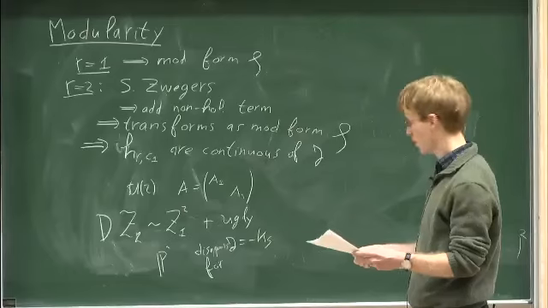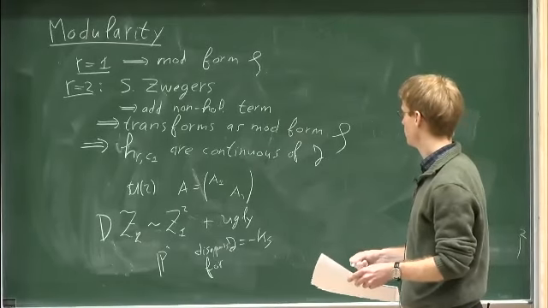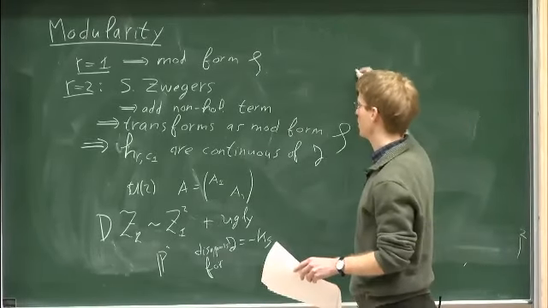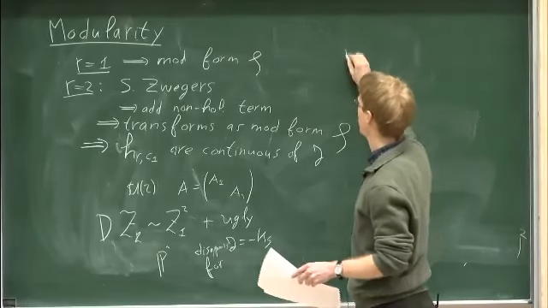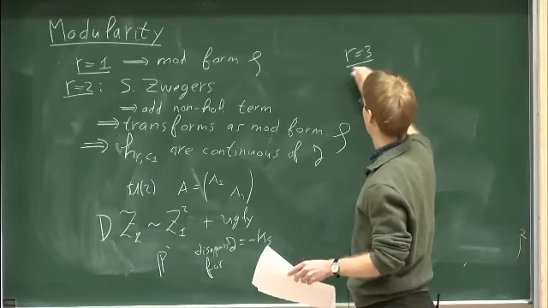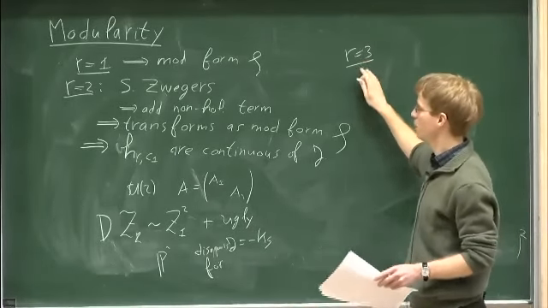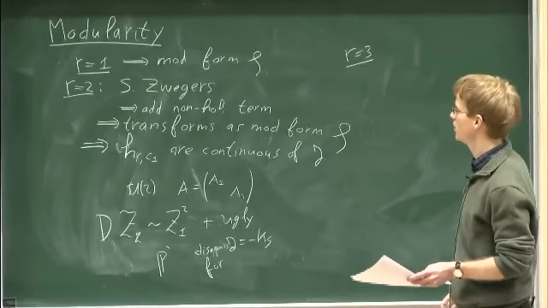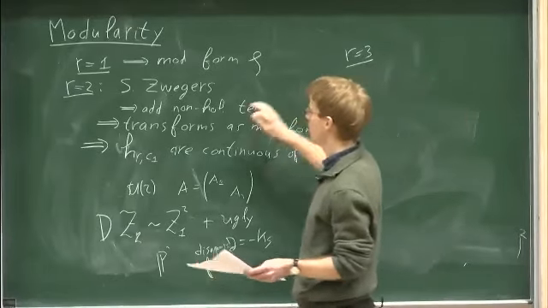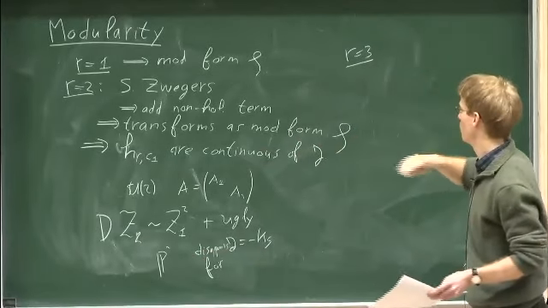Okay, so this is basically what time allows to say about rank 2. And for rank 3, this is work in progress with Kevin Brinkman and Sander Zwekers, on the precise modular properties, which are a lot more intricate.